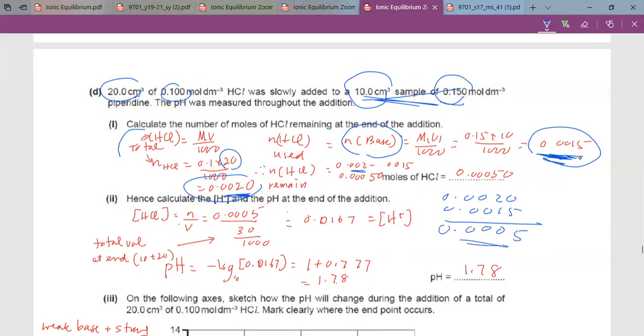So this is the number of moles remaining. Now this number of moles is remaining in what volume? The total volume is 10 plus 20, so 30 cm³.